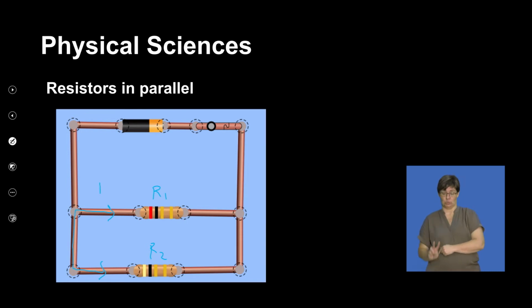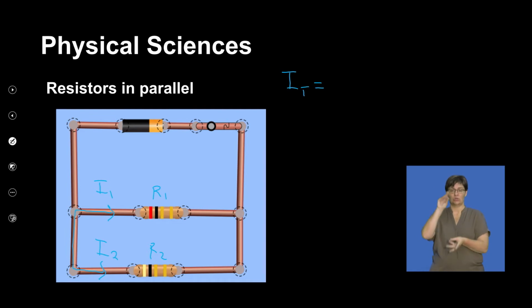So that's your current 1 and that's your current 2. If you add the current that is split, current 1 plus current 2, it must give us the total current. So the total current is equal to current 1 plus current 2 in this case, because we only have 2 resistors connected in parallel, all right?